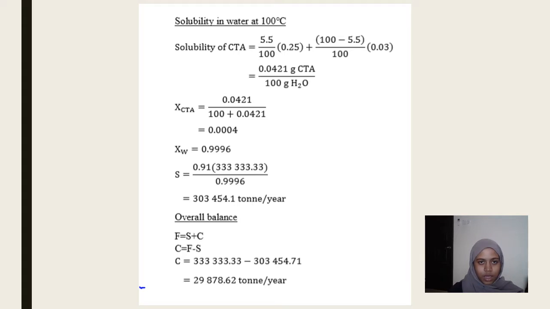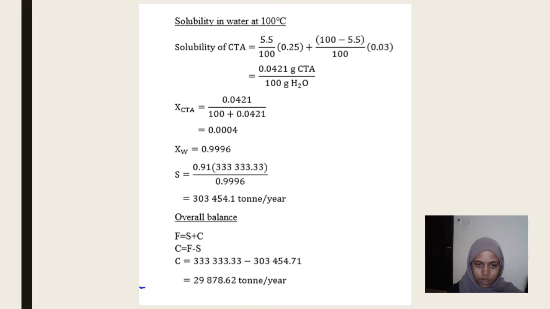From that, we can get the solubility of CTA, which is 0.0421 gram of CTA over 100 gram of water. And then from that solubility, we can get the composition of CTA, which is 0.0421 divided by 100 gram of water plus 0.0421 gram of CTA. And then to get the composition of water, 1 minus the composition of CTA.